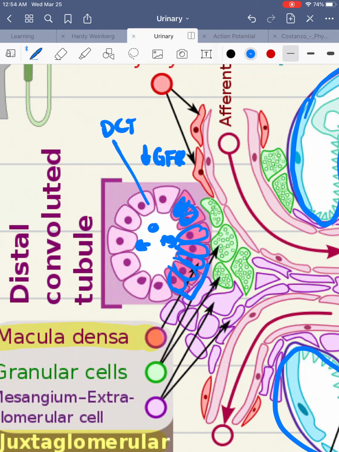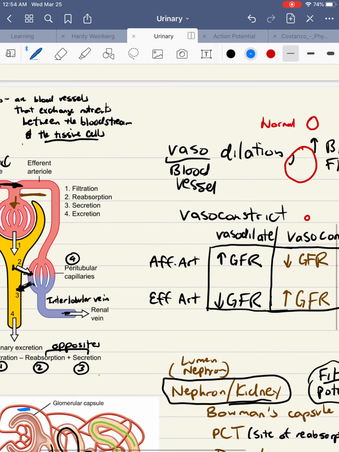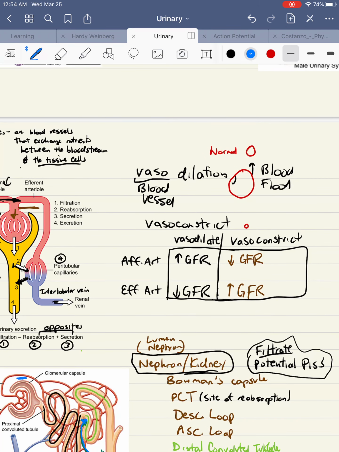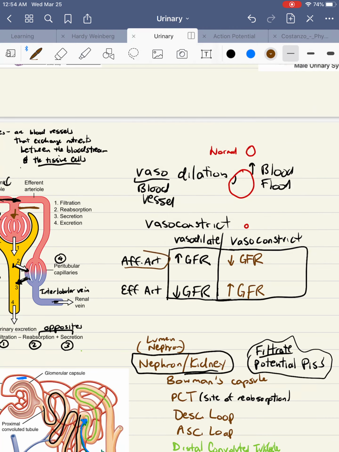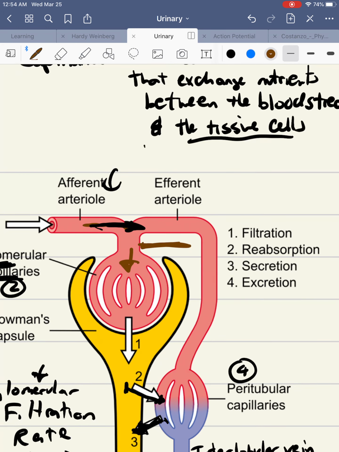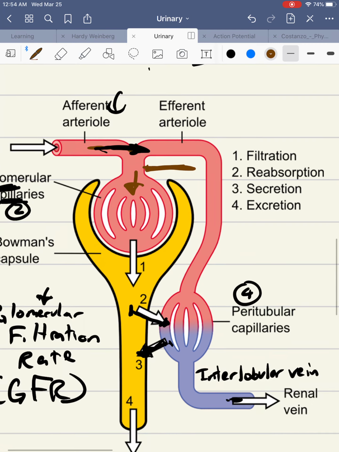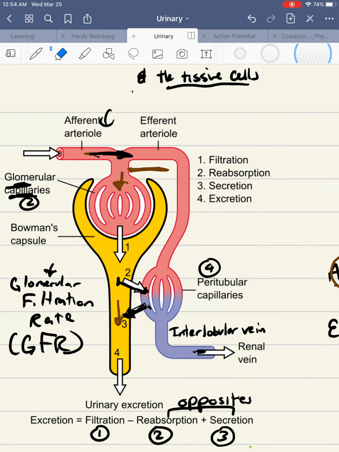How are we going to decrease our GFR? Well, we said before that one way to decrease GFR is to vasoconstrict our afferent arterioles, and that's what actually happens when pressure is really, really high in this nephron, as detected by the macula densa cells.